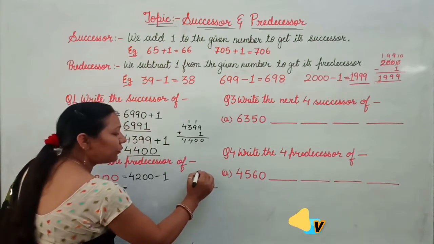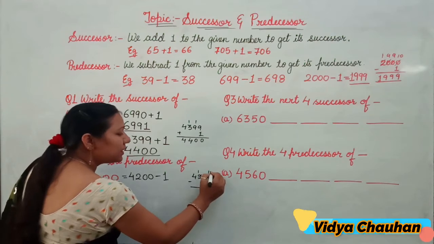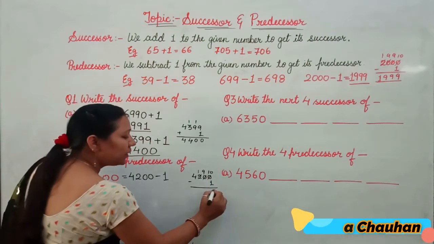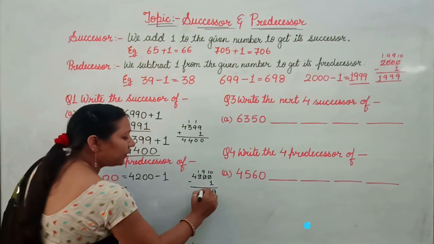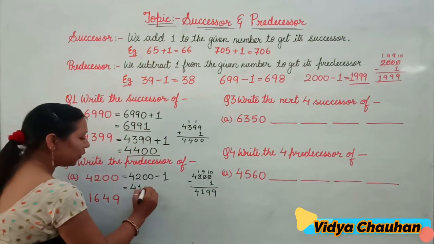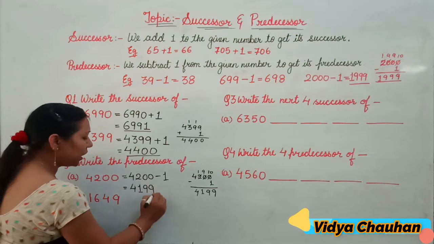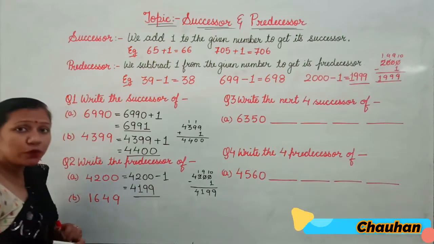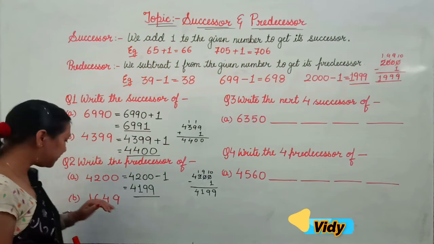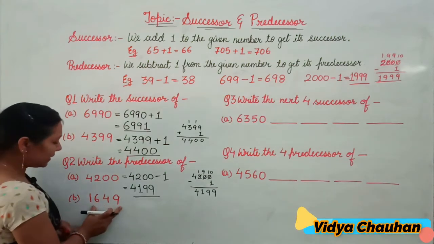So taking a borrow from 2, this 0 will become 10, this 0 will become 9. 10 minus 1, 9, 9, 1, 4. So the predecessor of 4200 is 4199.